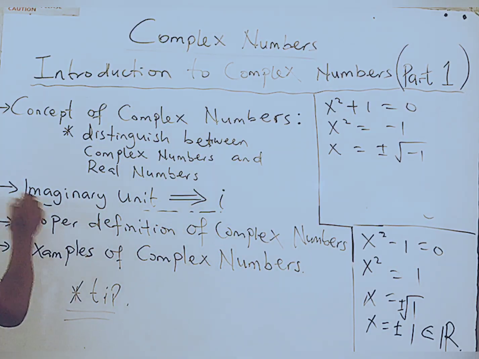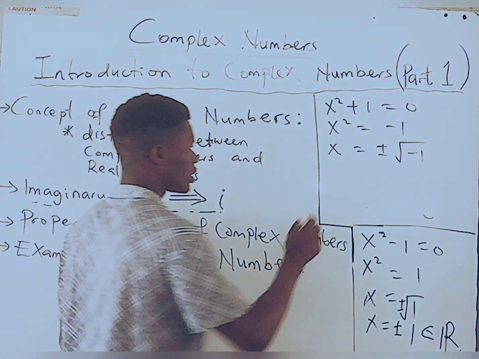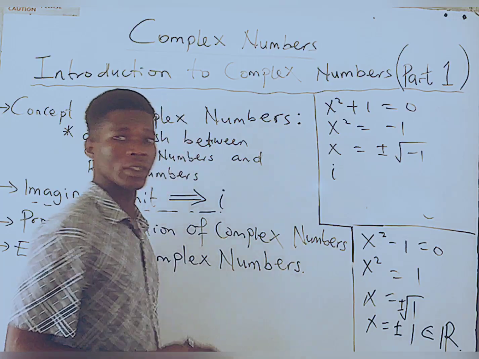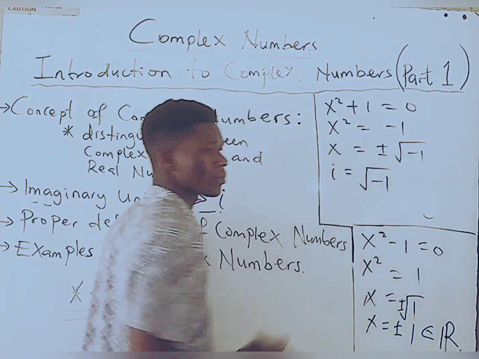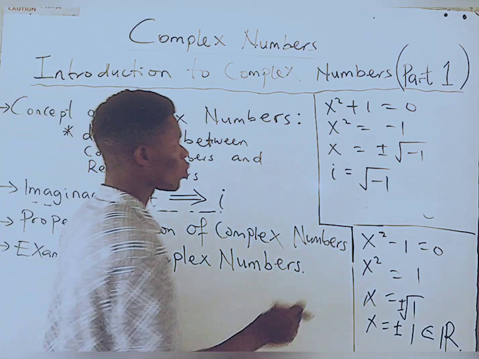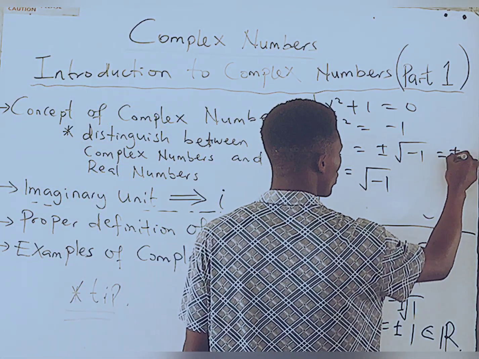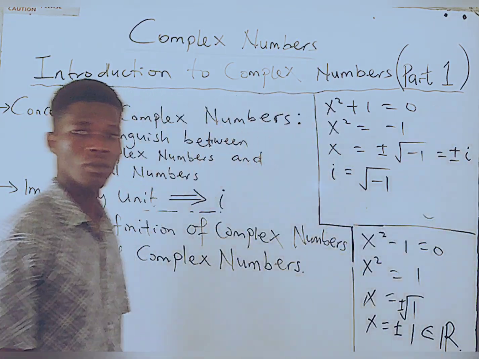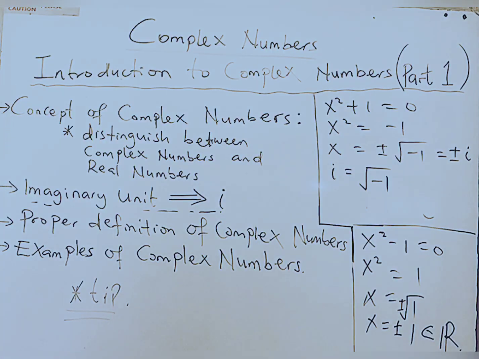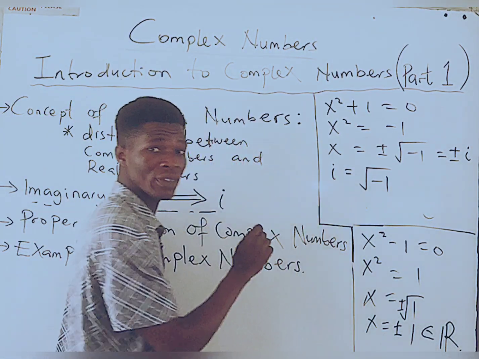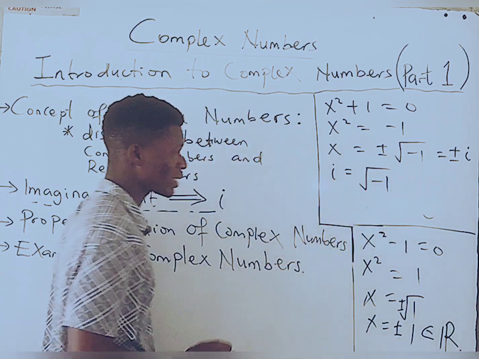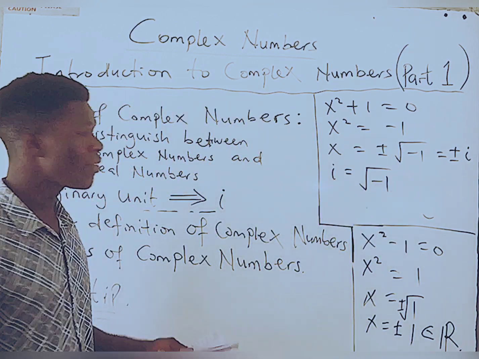In this case, we introduce the imaginary unit. So the imaginary unit i is taken as the square root of minus 1. That implies that the answer here is plus or minus i. So i is the imaginary unit, defined as the square root of minus 1.